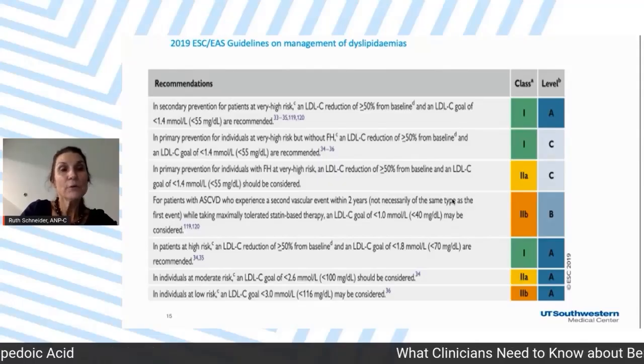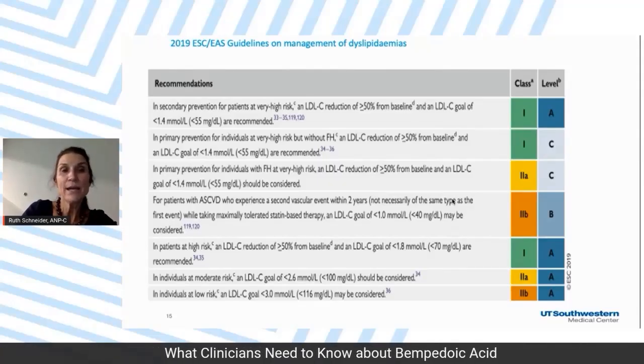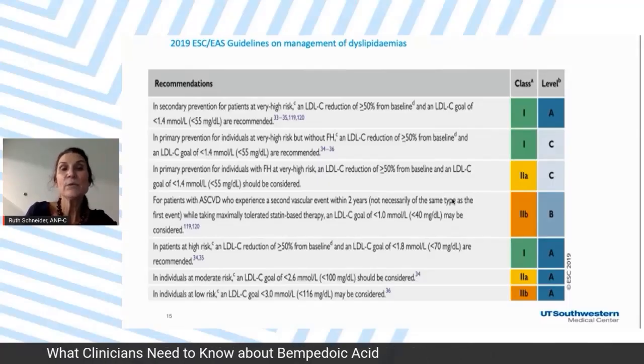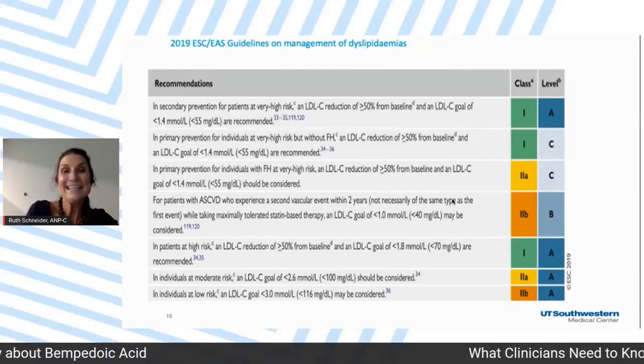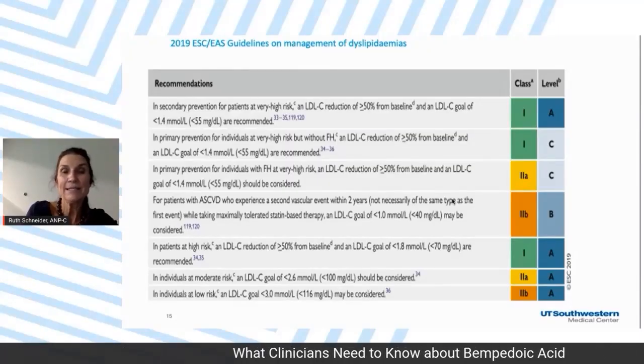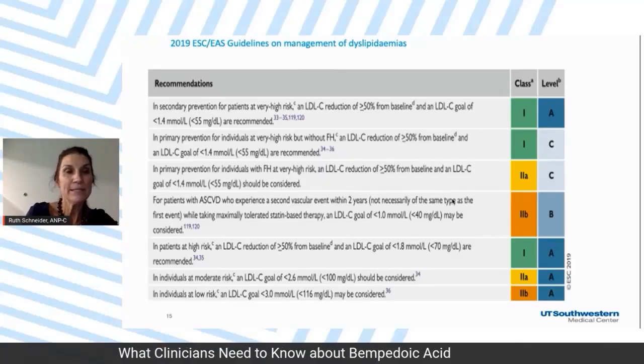So to go over their goals a little bit, in secondary prevention for patients that have very high risk, an LDL-C reduction of greater than or equal to 50% from baseline, and an LDL goal of less than 55 is recommended, a 1A recommendation.